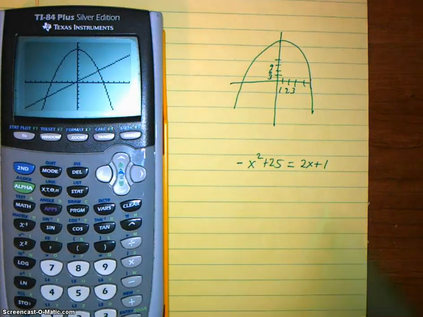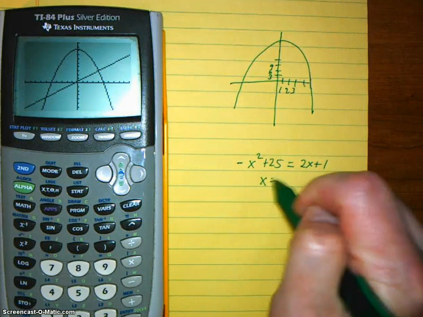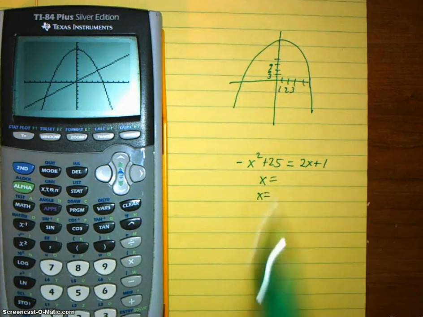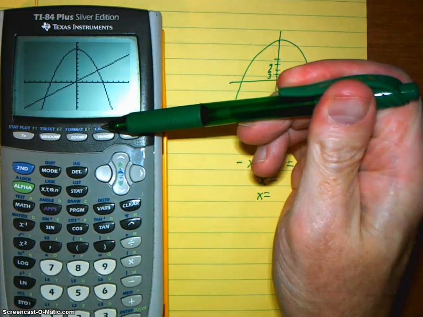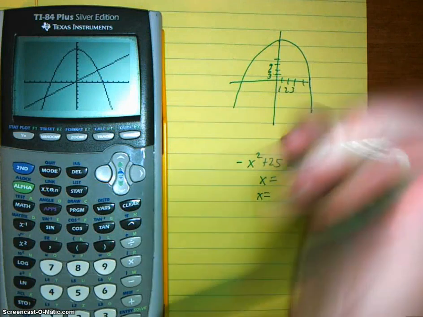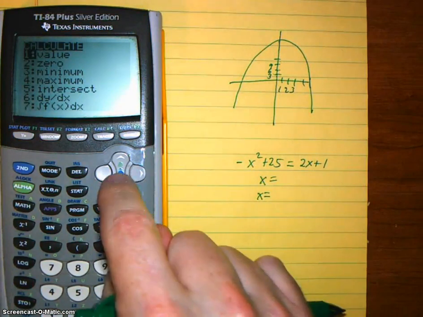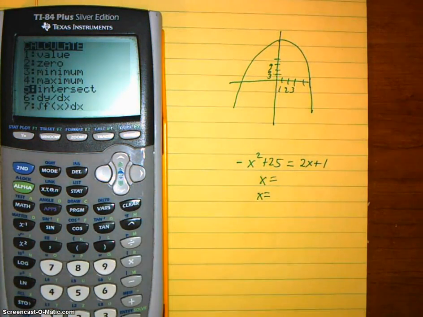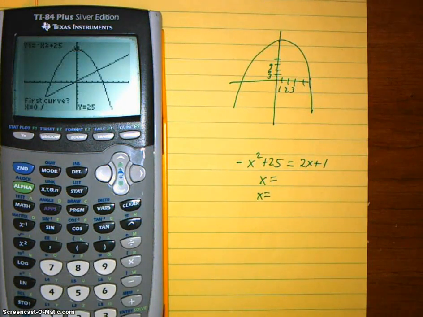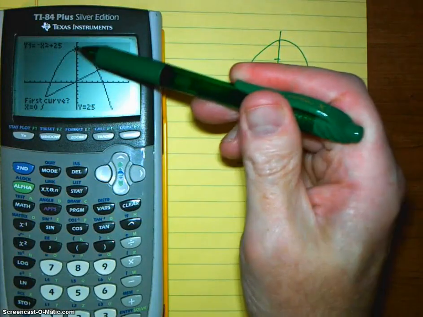All right, so to find the answers, there's two of them. We go into this calculate menu. Second, calculate. We go down to number 5, intersect. Intersect is a fancy way of saying where do the graphs cross. It asks us, is this the first curve?